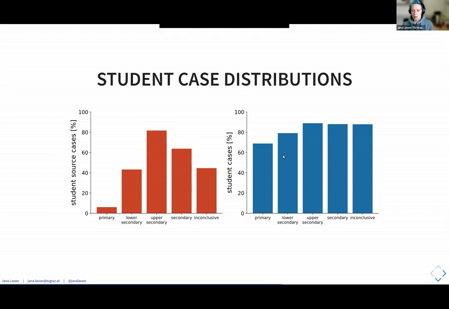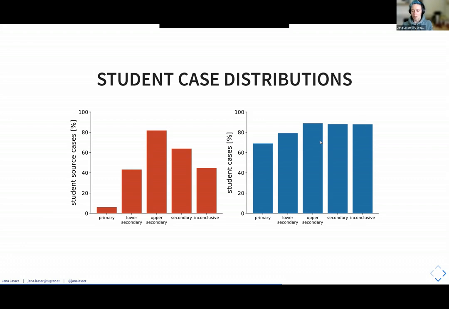And the same information we have for the share of students that are infected in each cluster. And here we can see that in primary schools, only about 3/4 of the cases in every cluster are students, whereas for the upper secondary and secondary schools, almost all infections are students.